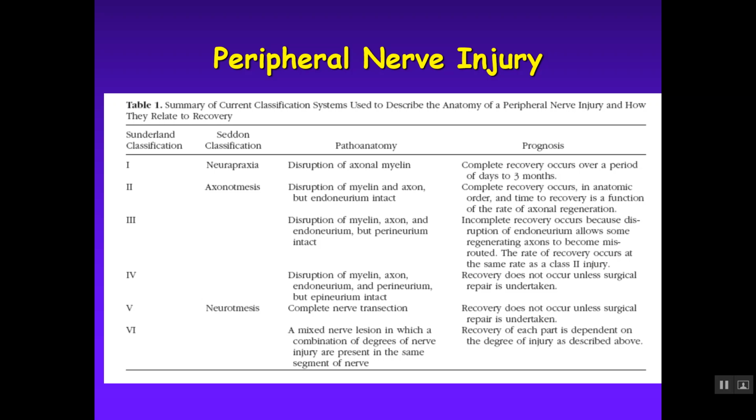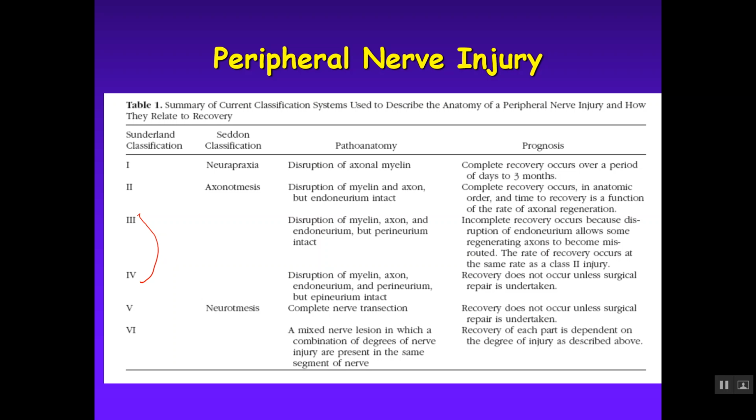If you have an axonotmesis, they talk about a recovery rate of about 1 millimeter per day. So these classifications are typically more in this 3 and 4 region, and sometimes 2. Once you get to axonotmesis, you can almost measure it.